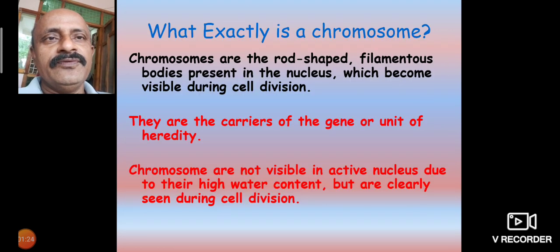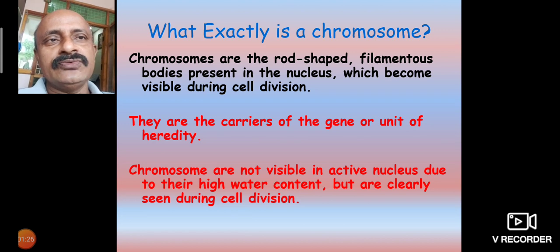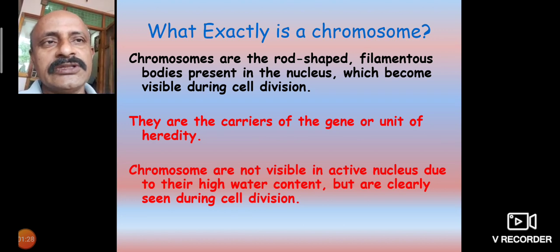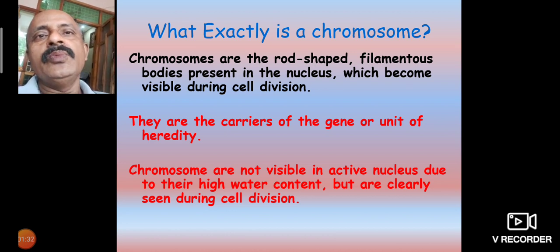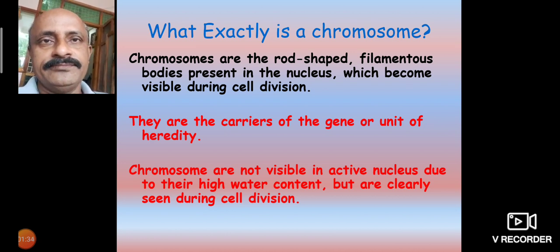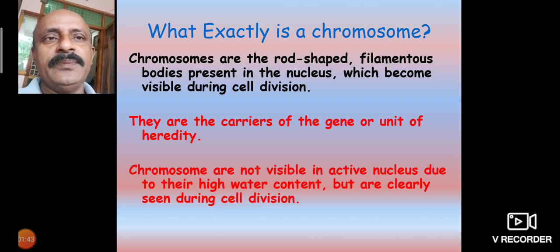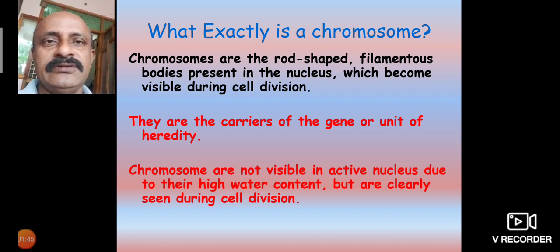So what exactly is a chromosome? Chromosomes are rod-shaped. Rod means tubular, linear, filamentous. Filaments means one above the other, like filamentous bodies present in the nucleus.